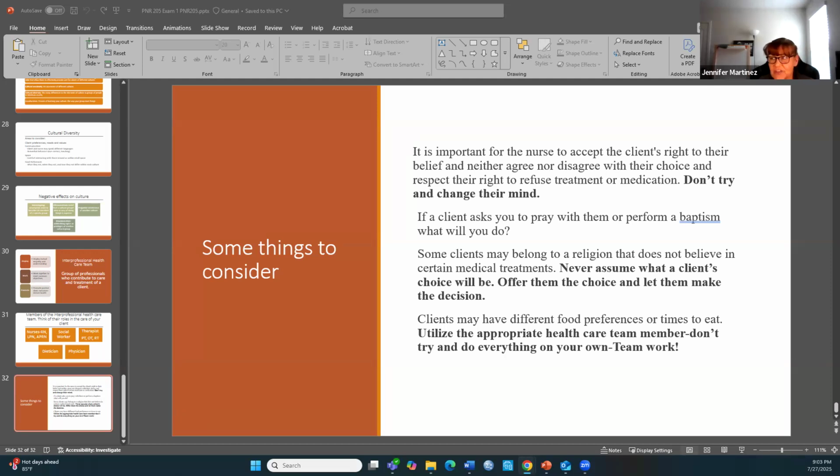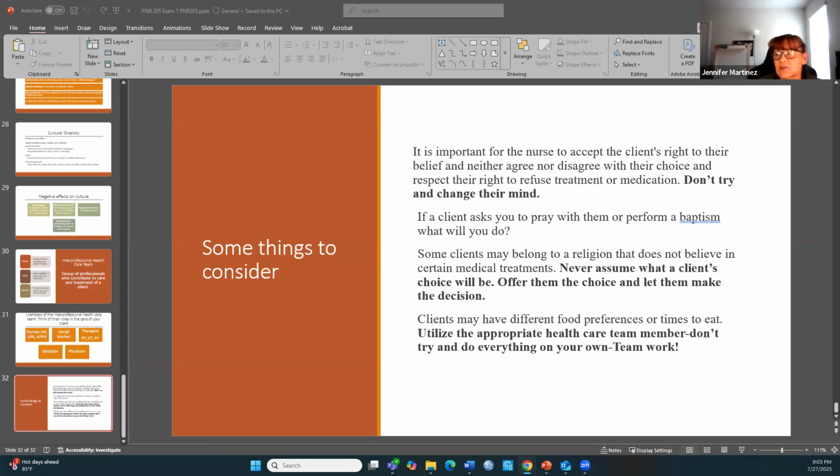If a client asks you to pray with them or perform a baptism, what will you do? Pray with them or perform baptism. Yep, you're going to pray with them and you will perform that baptism.